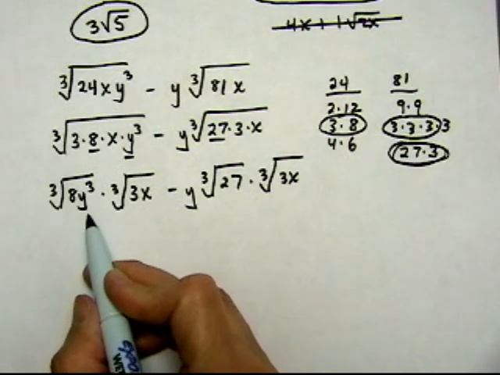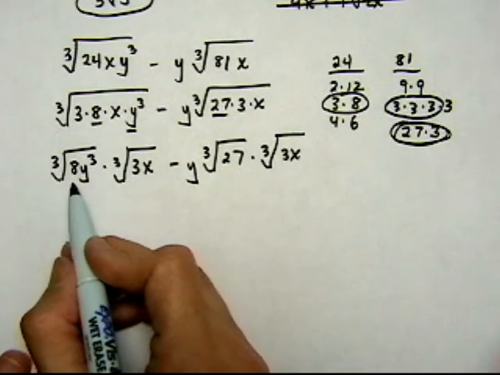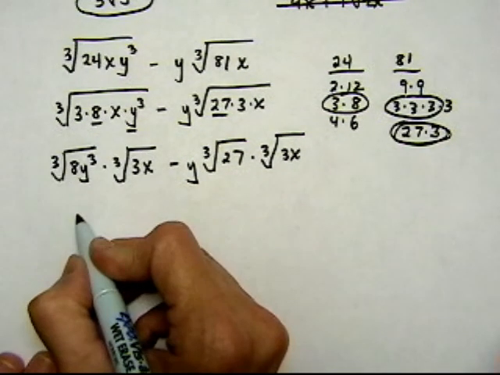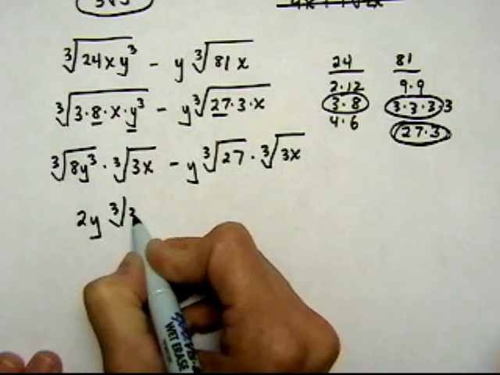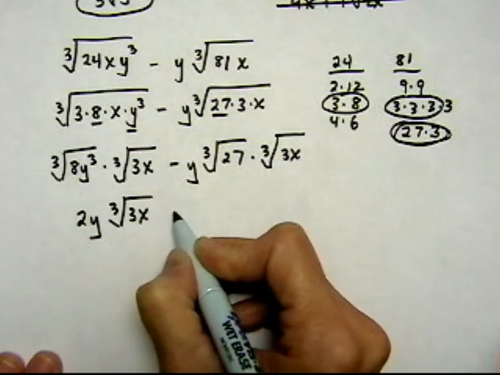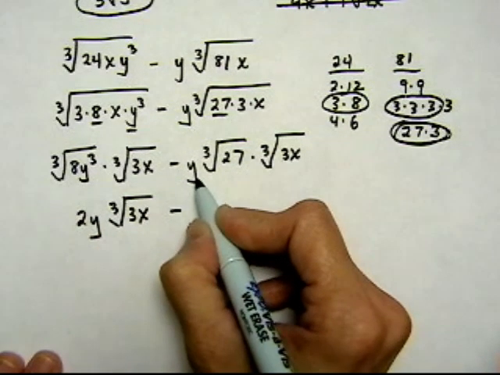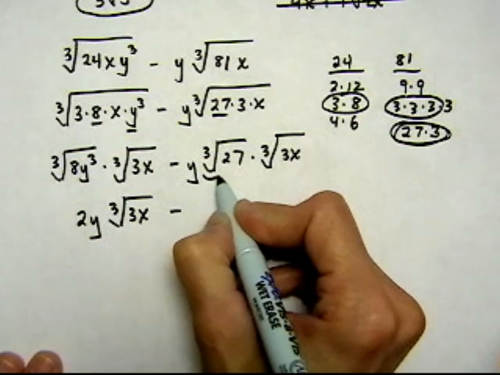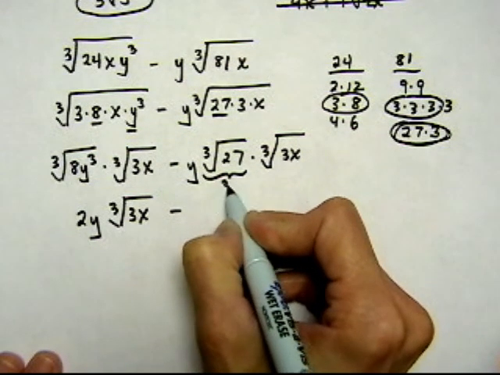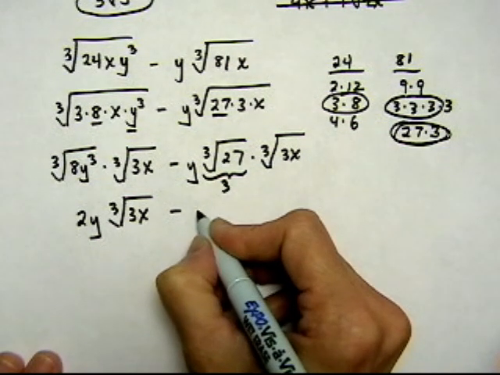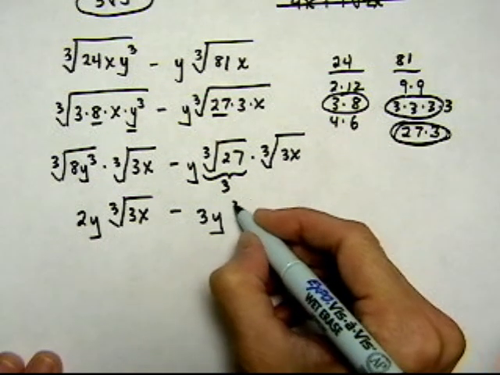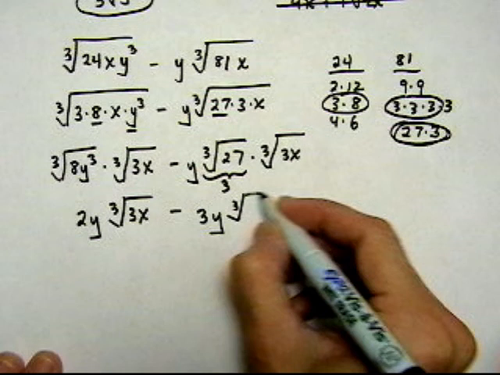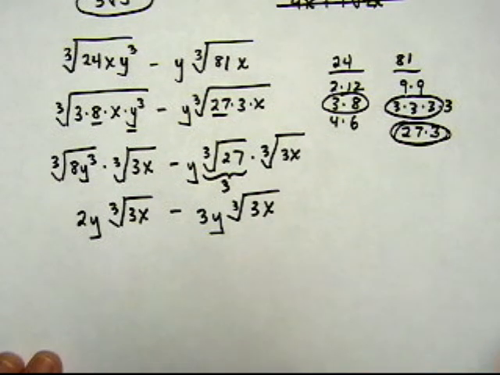Now we'll go ahead and do the perfect cubes. So the cube root of 8y cubed gives us 2y, and we still have times cube root of 3x. And here we have minus y times the cube root of 27 is 3, so that gives us minus 3y, so 3 times y. Bring down the times cube root of 3x.